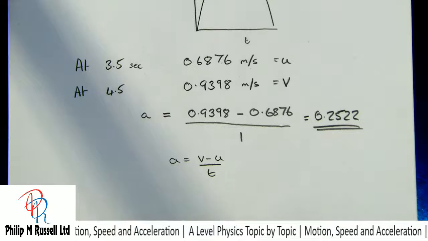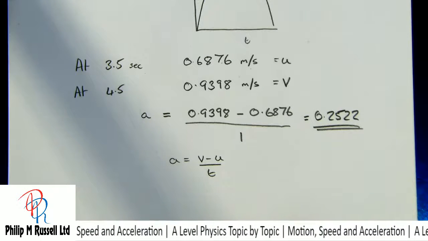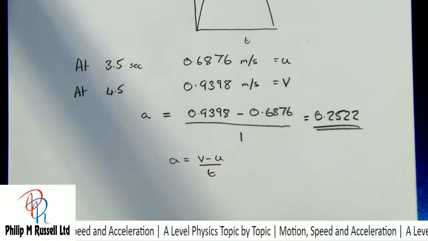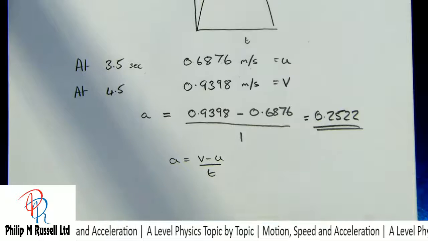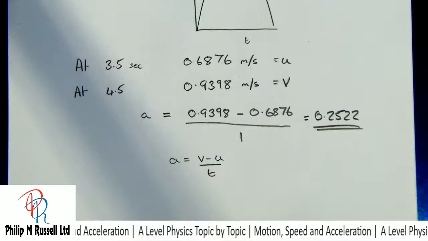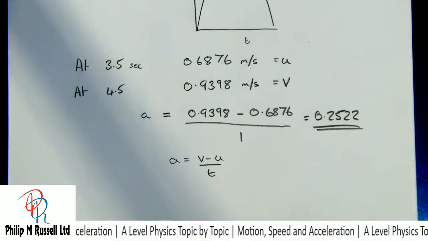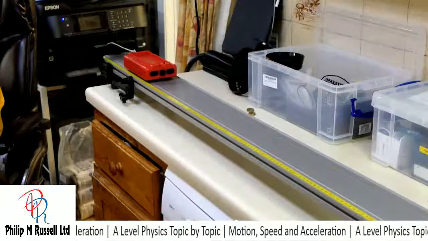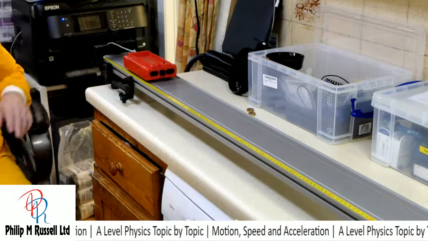Now, what happens if we've got acceleration that is changing? And we're seeing that in this experiment. I chose a bit of the line where hopefully it was not changing too much. Let's see what happens if we look at this experiment where we're going to make it change quite a lot.